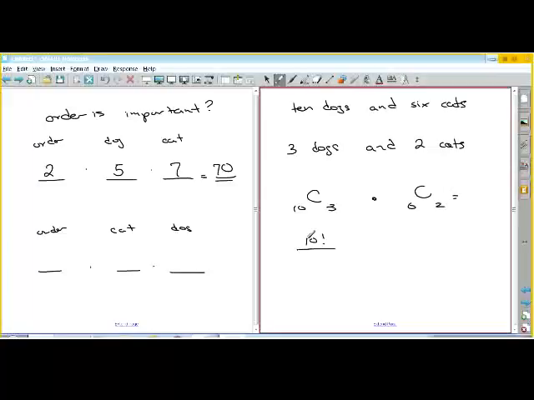So that would be 10 factorial over 3 factorial times 10 minus 3 factorial. This would be 6 factorial over 2 factorial times 6 minus 2 factorial. Carry out the math in the parentheses.